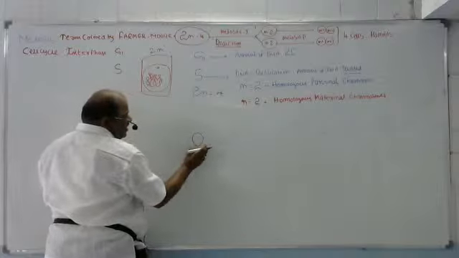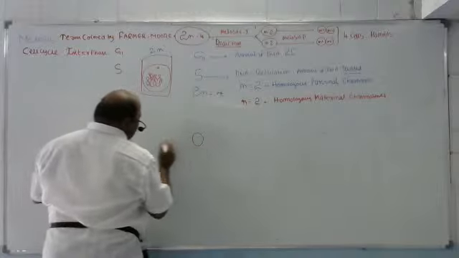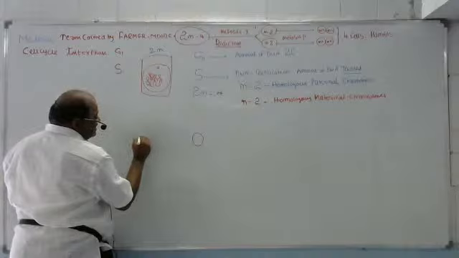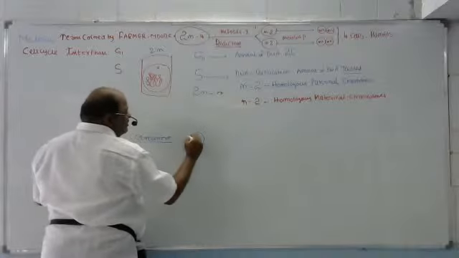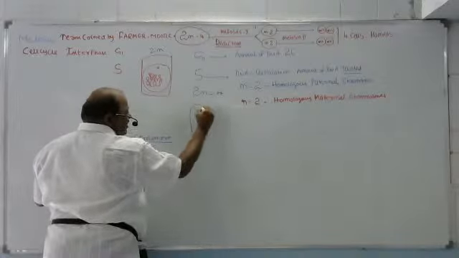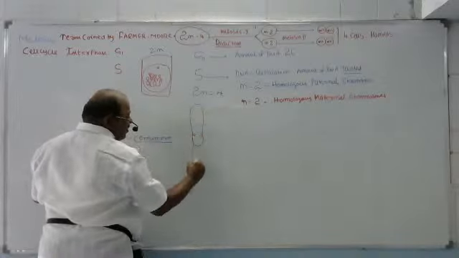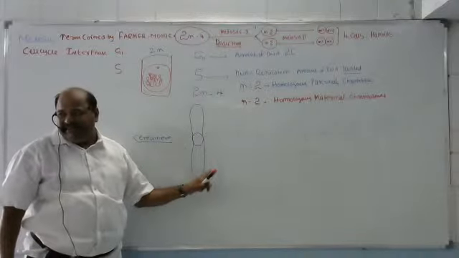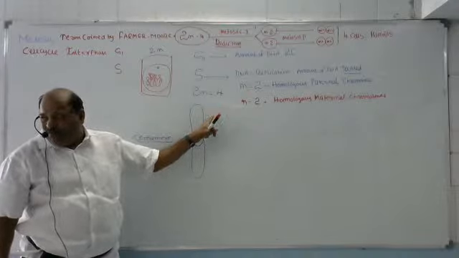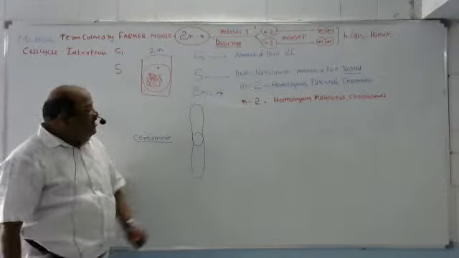If you observe, a round knobbed structure is present. It is called the centromere. On both sides of this centromere, chromosomal arms are present. These are called chromosomal arms.